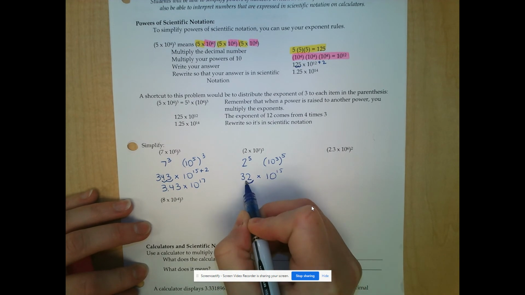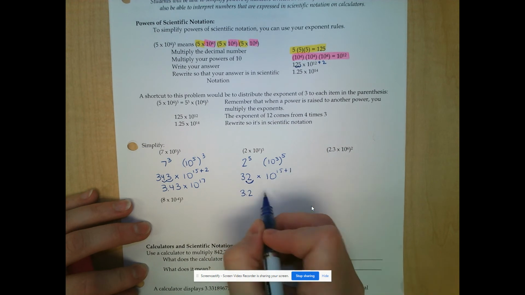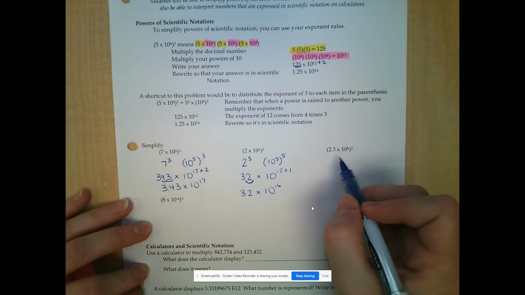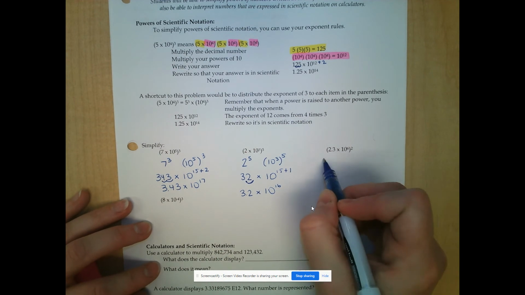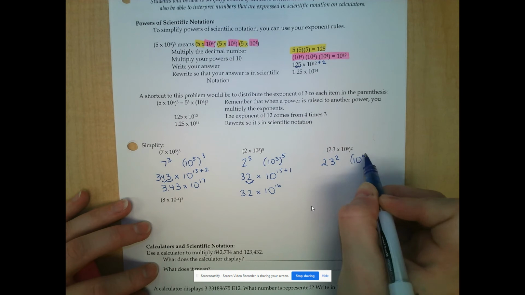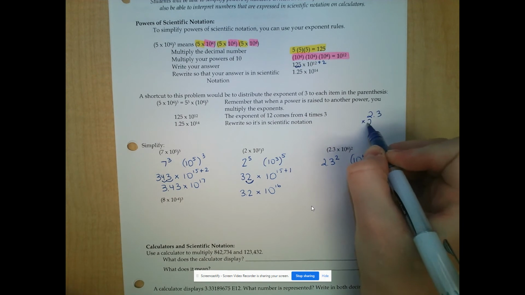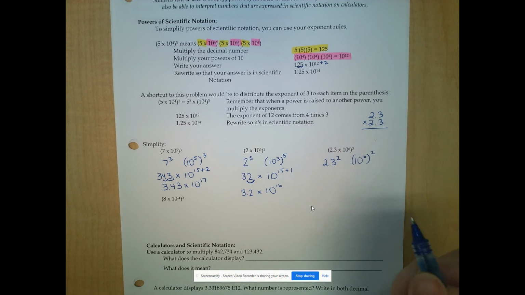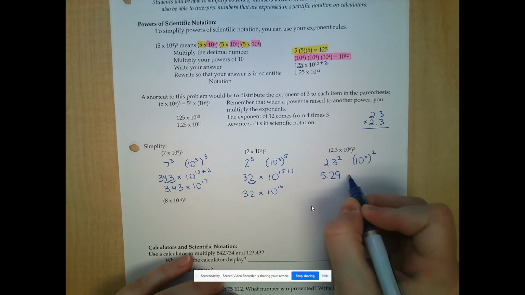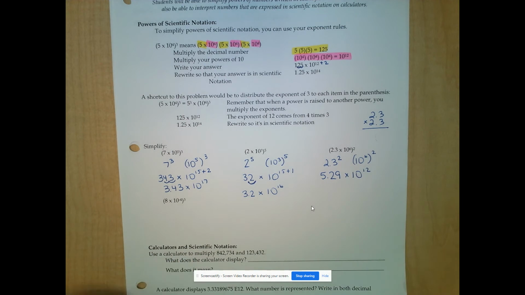So we'll make this smaller by a power of 10, and we'll make the exponent larger by a power of 10, 3.2 times 10 to the 16th. 2.3 needs to be raised to the second power, and 10 to the 6th also needs to be raised to the second power. So we'd have to do 2.3 times 2.3, and we're going to get 5.29, which is lovely because it is between 1 and 10, times 10 to the 12th, and we're already done.